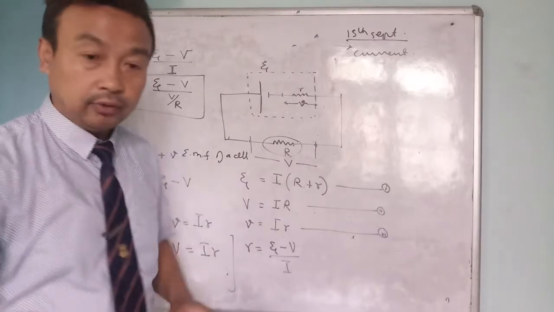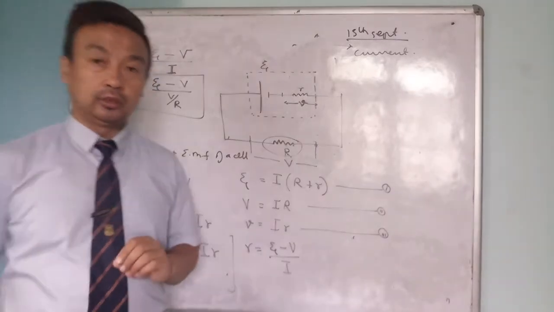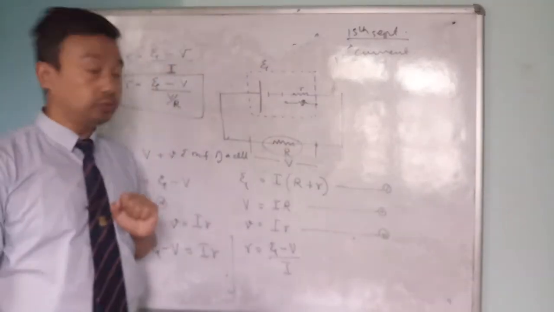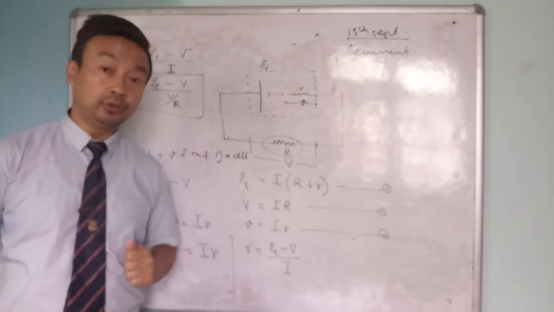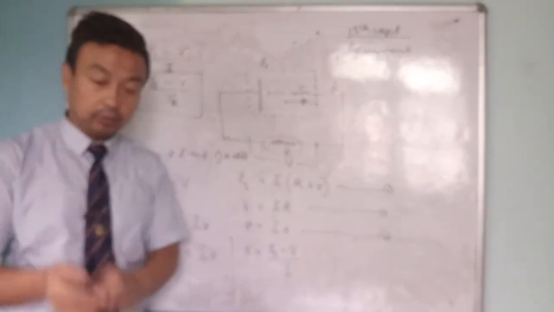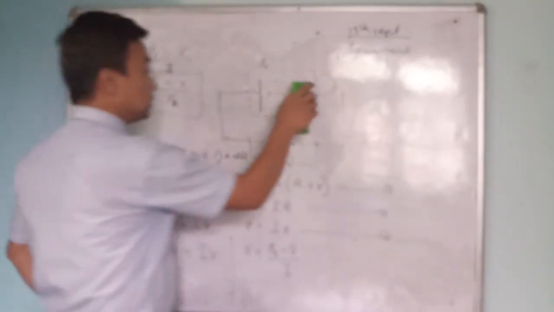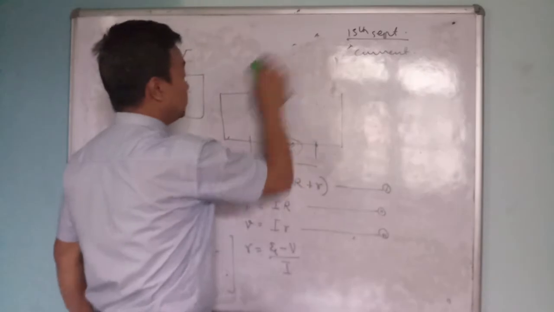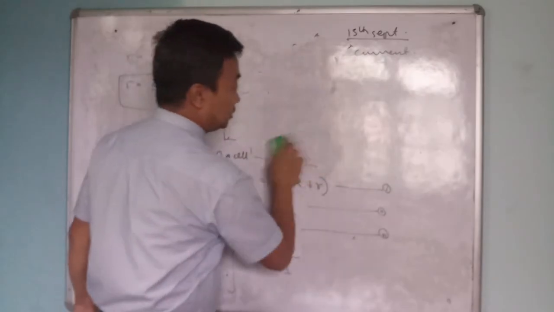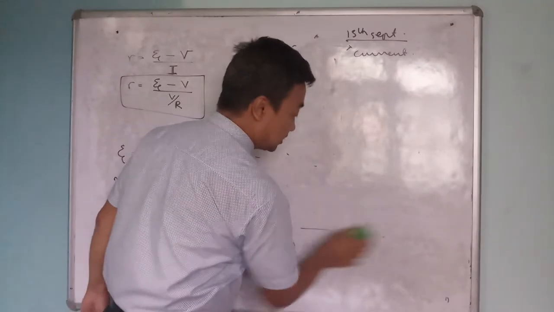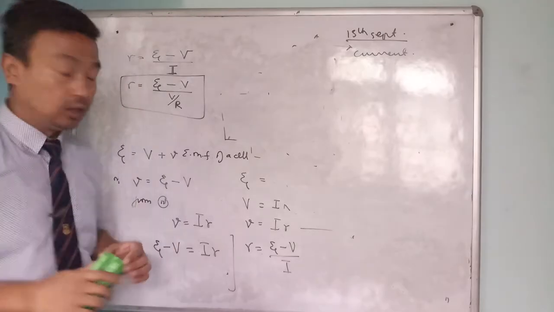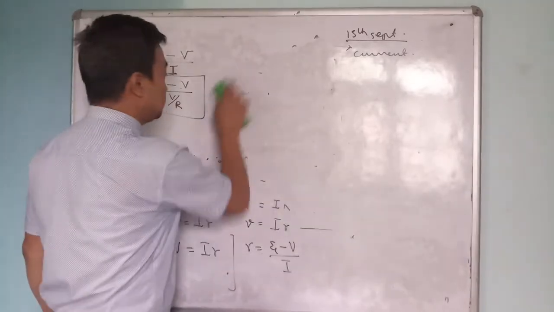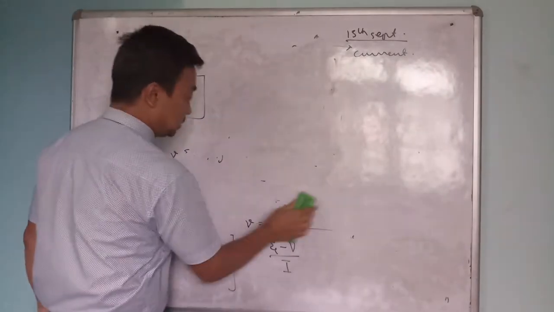Now we have another topic which is very, very simple, and it is also important from an exam's point of view. It has been asked in the exam also. On what factors does the internal resistance of a cell depend?